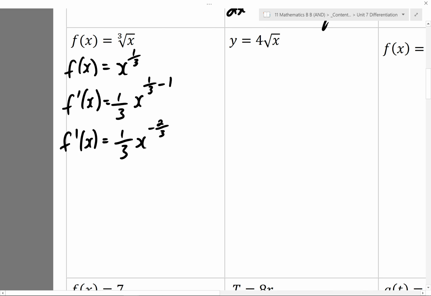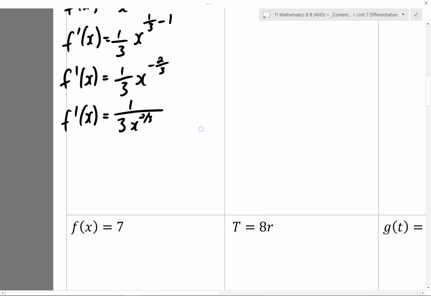You should be comfortable with fractions by now, so I'm not going to go through subtracting fractions. Again, I don't like negative powers, so this x to the power 2 thirds will come to the bottom and change the power to positive. And the question was given in square root form, so I'll give my answer in square root form as well. The number on the bottom of the fraction here, that 3, is always going to be the number root that we have.